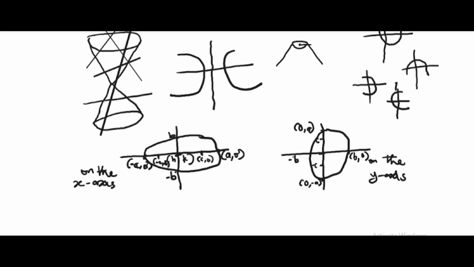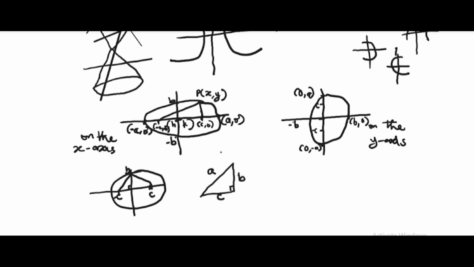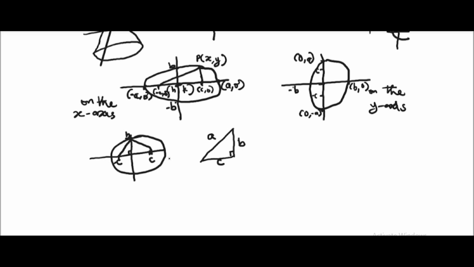Now, let's pick a point P on this ellipse, here at the major vertex. Using the Pythagoras rule, we have that a squared is equal to b squared plus c squared. Since in every equation, finding the vertices is usually not the issue, finding the foci is. So since the foci is our point of focus, we take b squared to the other side, and then we have c squared equal to a squared minus b squared.